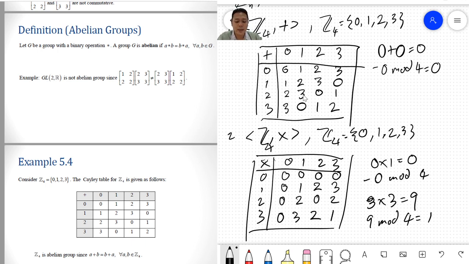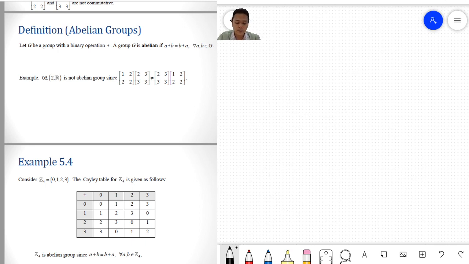For the next one, I will proceed with Zn star. Zn star means the integers excluding 0.